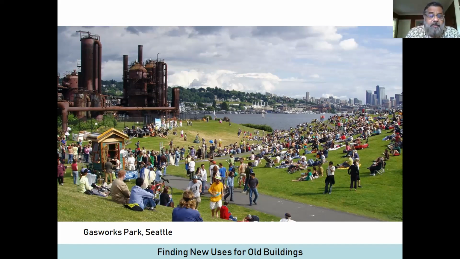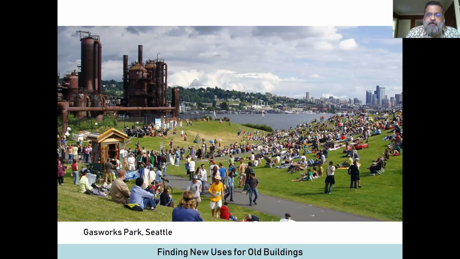So one such industrial site was the Gasworks plant in Seattle. It was decommissioned in the 1950s. It used to manufacture gas from coal and eventually produce crude gas. But once that was decommissioned in the 1950s, the city acquired the site for a public park in 1962. And they hired Richard Haag to develop a master plan for the site.